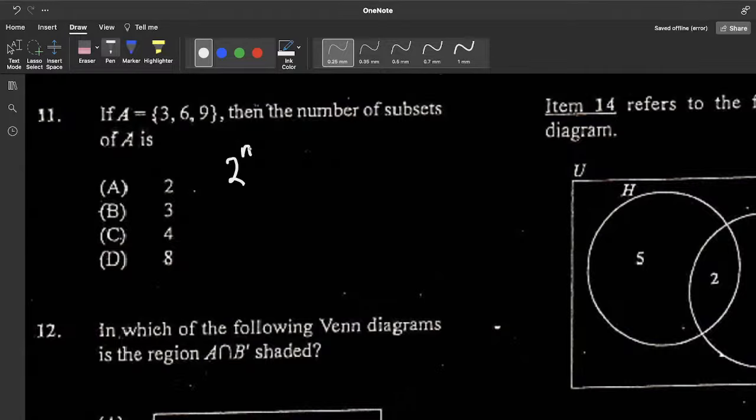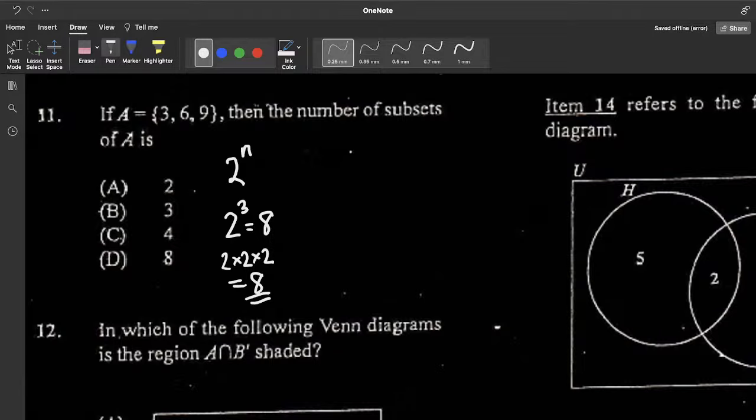So in this case now, we have 3 elements. So I know that it's going to be 2 to the power of 3. And what's 2 to the power of 3? 2 to the power of 3 is 8. Because this is like saying 2 times 2 times 2, which is 8.